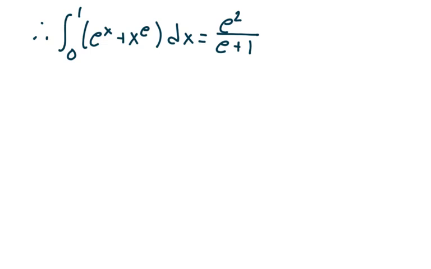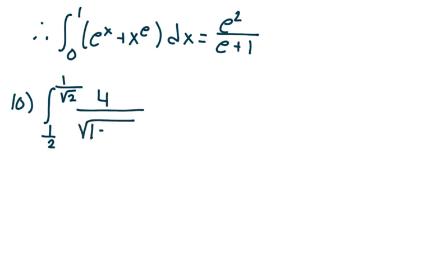And let's do one more example for this video here. We'll call this example 10. Suppose I had the integral from 1/2 up to 1 over the square root of 2 of 4 over the square root of 1 minus x squared dx.